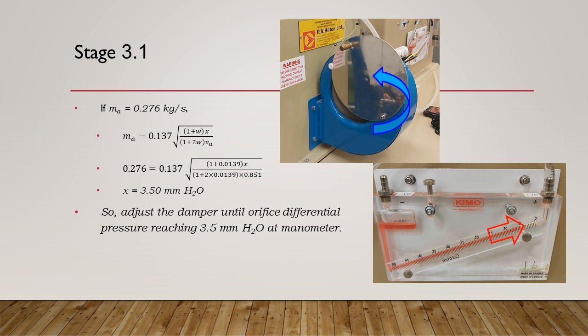Now, using the same equation, we can calculate the orifice differential pressure when the air flow rate is halved. Then adjust the damper position until the orifice differential pressure reaches the target level at manometer.